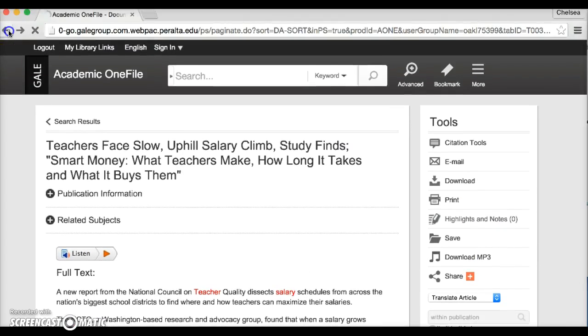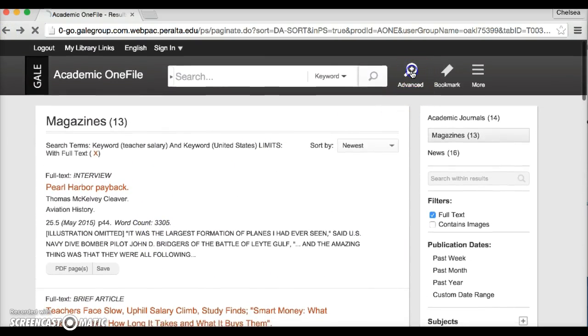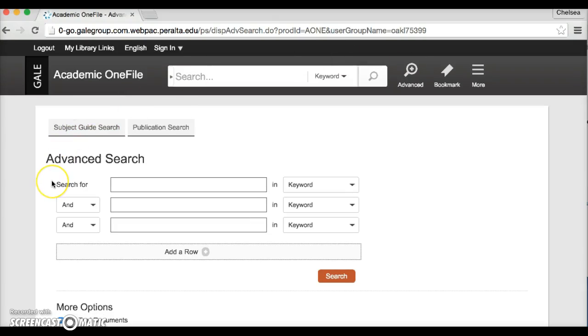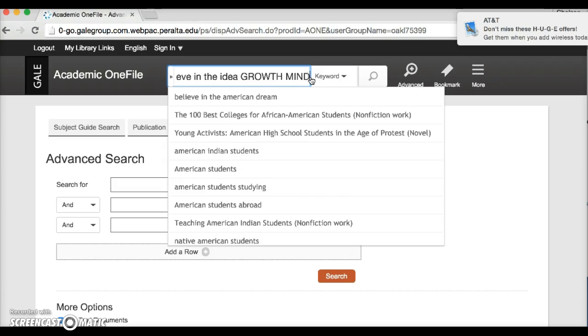Let's try maybe a different search. Okay, so my argument is that American students need to believe in the idea that we get smart. This idea actually is called the growth mindset.